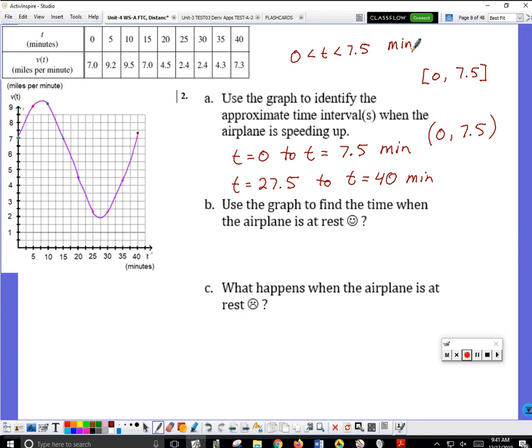Wait, what happened to the airplane at rest? If the plane is at rest, the velocity will be 0, and where will the plane be? On the ground. So it just slammed into a mountain, basically, or it fell out of the sky. But then isn't it increasing downwards? No, it's not when it's falling, it's after it has fallen.